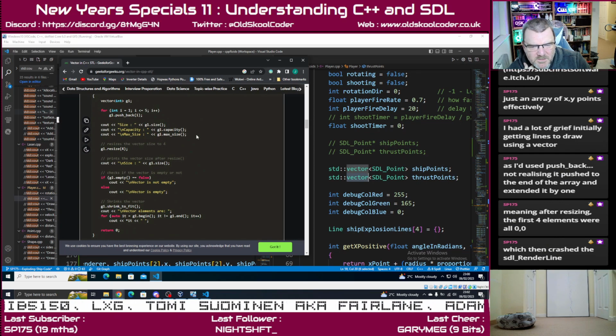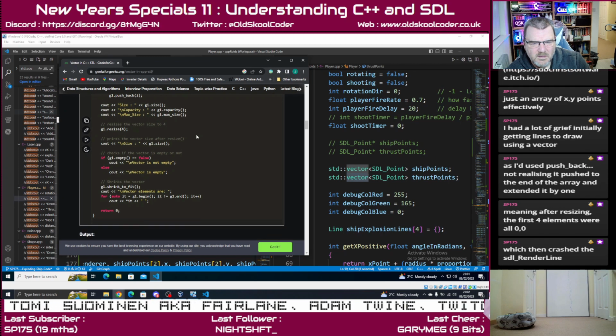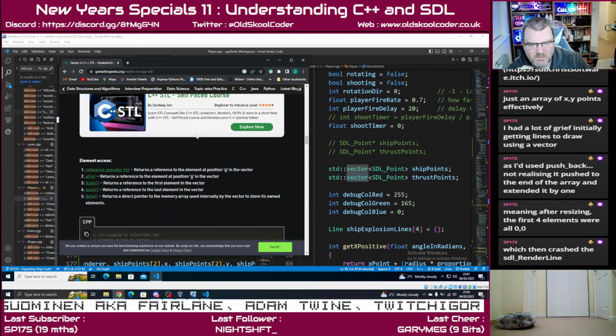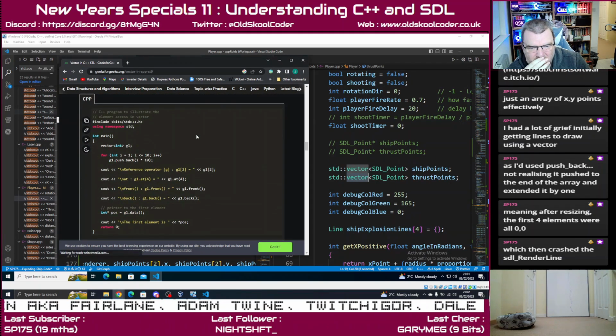But we should be able to index a vector straight at it, shouldn't we?